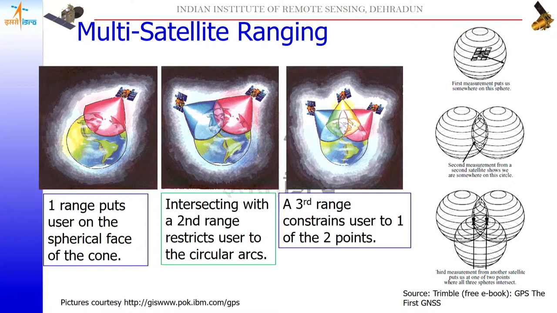This can be minimized. Once you have more satellites, you can bring it to meter or millimeter scale, depending on how you deal with the ambiguities.